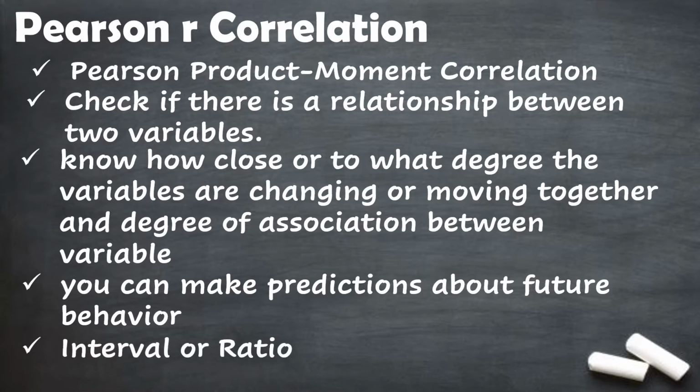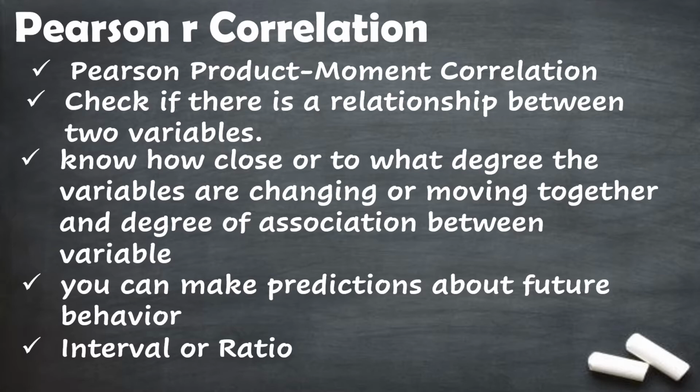But even if you want to know the relationship between the two given variables, you also have to check if the two given variables are of interval or ratio type of scale of measurement. Because if not, even though we're looking for the relationship, and the given variables are not of interval or ratio scale of measurement, there is another statistical test for that.